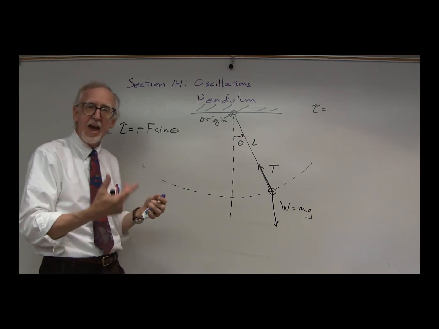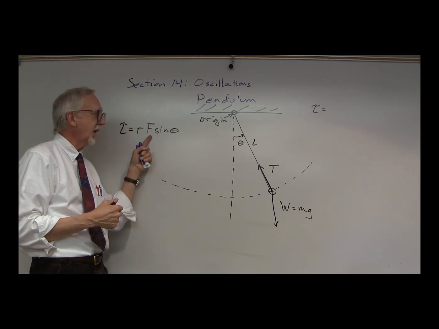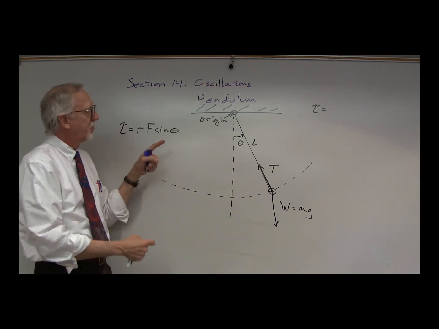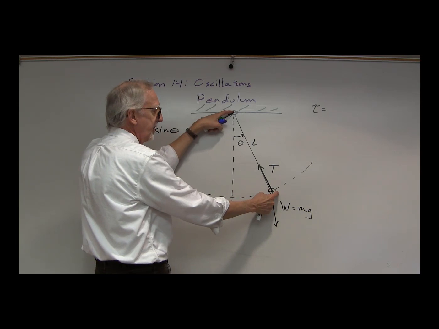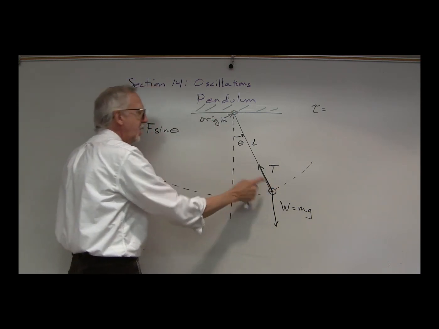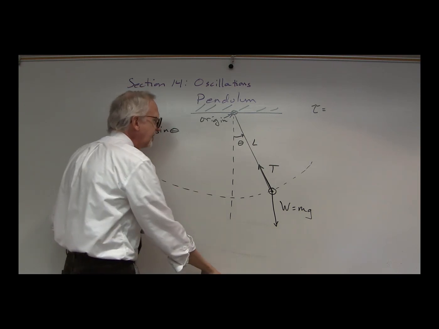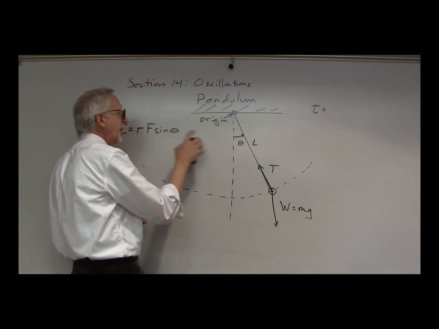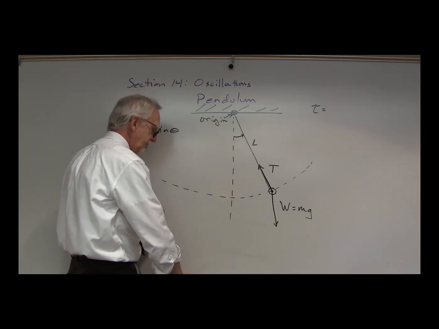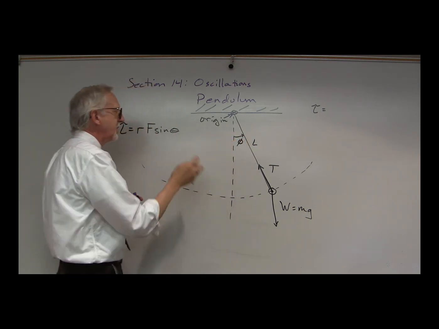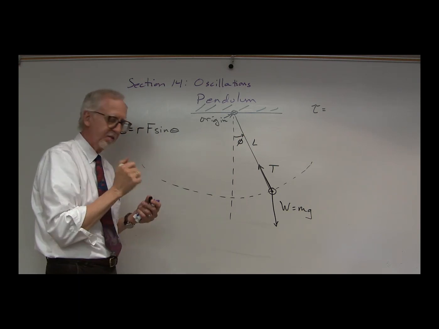Sine of theta is the angle between the vectors R and F. So over here, R for the tension will be the length L. F is the tension. But this is a little confusing here. Maybe, rather than this theta, we'll call this some angle phi for the moment, so as not to confuse theta with the angle phi.